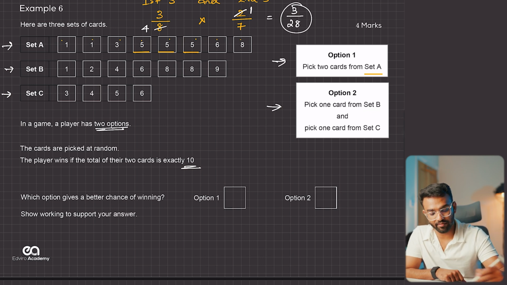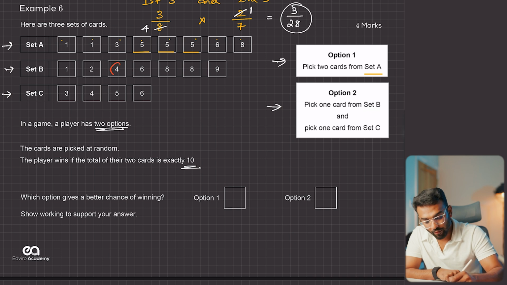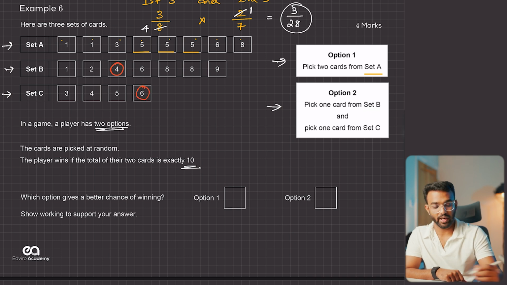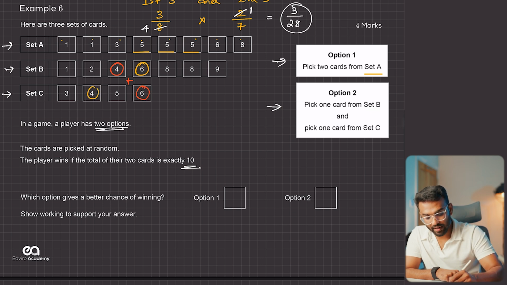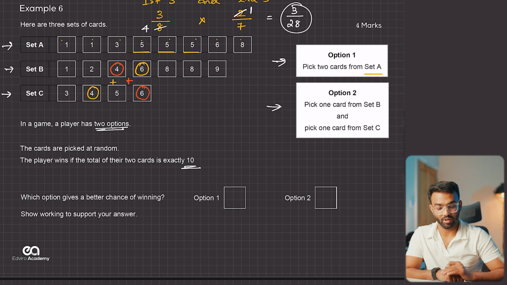If you look at it carefully, you could pick a 4 and a 6, okay? So I'm writing that in red color. Or you could do a 6 and a 4, right? And if you add them up, you would get what? A 10. There's no other option available, correct?